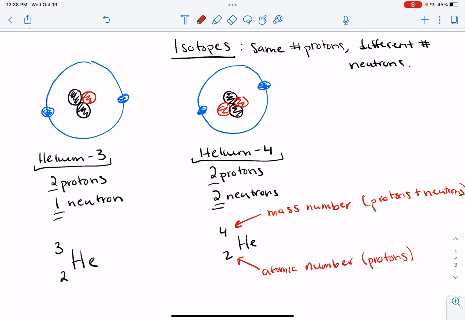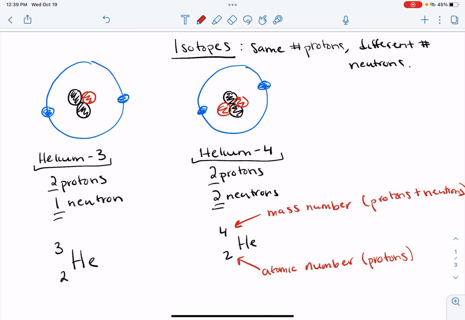But now, since we know there are two stable isotopes of helium, helium-3 and helium-4, when we look at the periodic table, it only gives you one number for the atomic mass. That number is 4.003. And how they get that number is they take what's called a weighted average of all of the isotopes. So they take the isotopes that exist for that element, and they figure out what percentage makes up each isotope, and then they use that to average it out to get this average atomic mass.